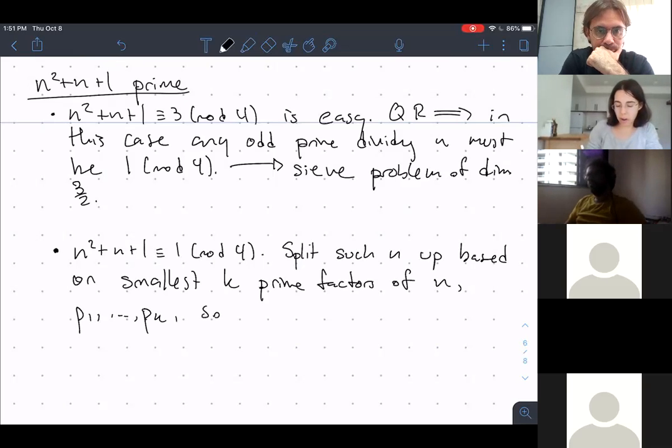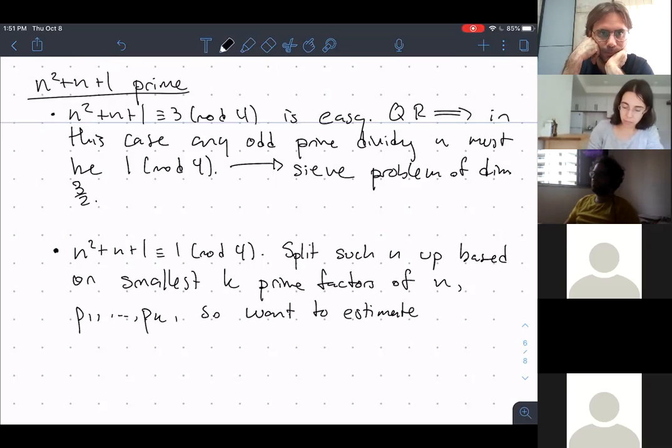So we will want to estimate, and okay, we'll also assume that these are all smaller than like log n.